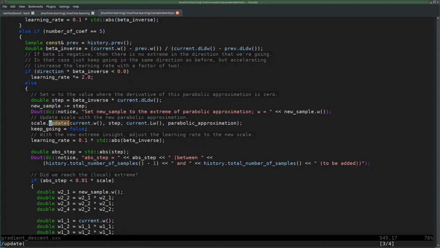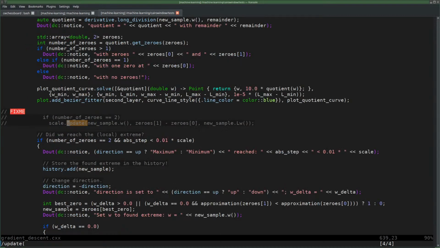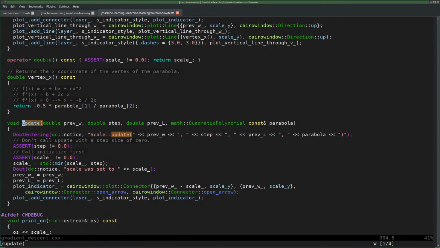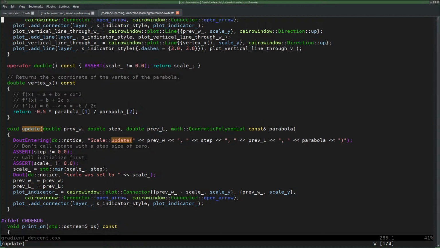Well, the reason that the dashed line is not updated is because I simply don't update it. So maybe I should do that first. It's not being redrawn at all.